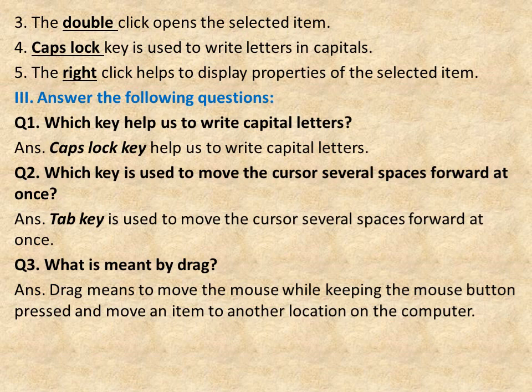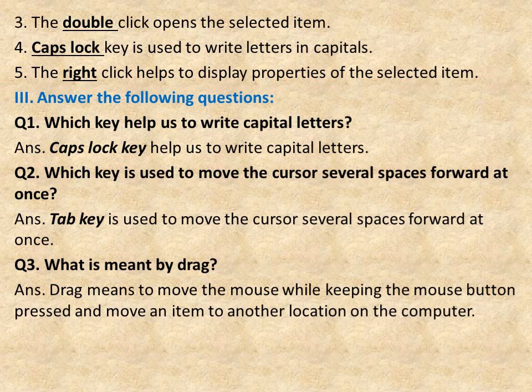Now third question is answer the following questions. Question number 1. Which key helps us to write capital letters? Answer is caps lock key helps us to write capital letters. Question number 2. Which key is used to move the cursor several spaces forward at once?